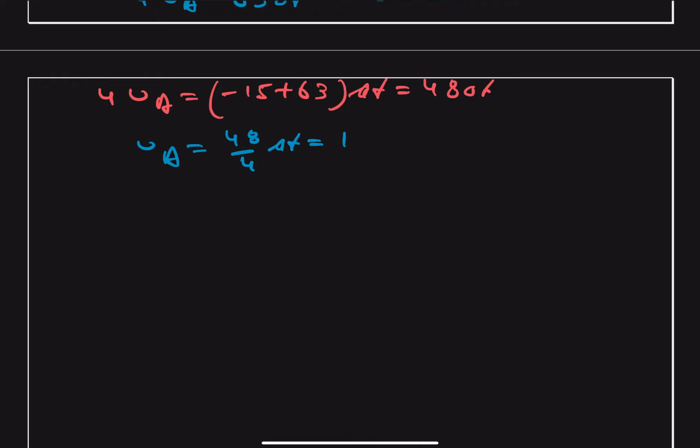So we got the value for VA, and we also got the value for VB.